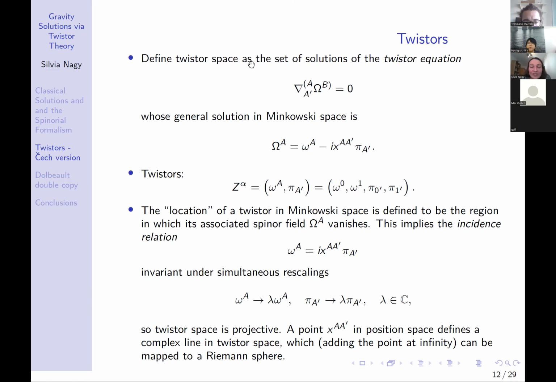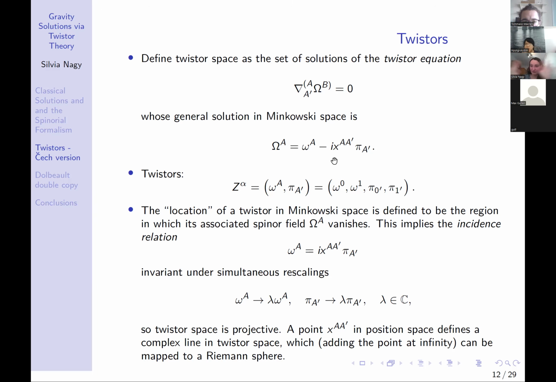We define twistor space as the set of solutions to this twistor equation. This omega here is just a usual two-component object like I've described before. One can show that a general solution in Minkowski space is of this type, and this X here is just a point in space-time contracted with a Pauli matrix.